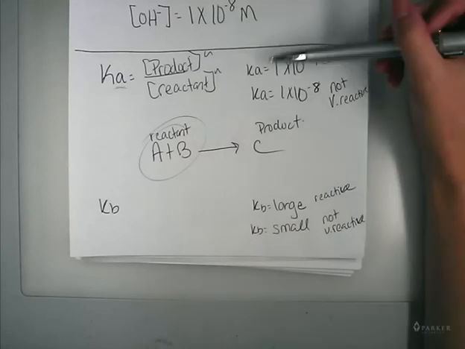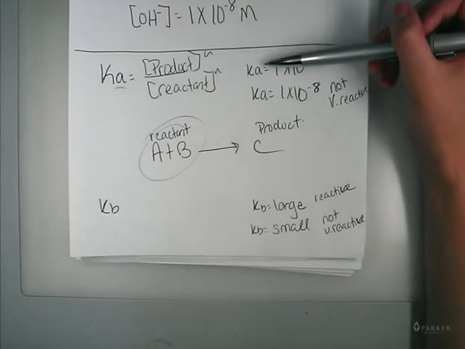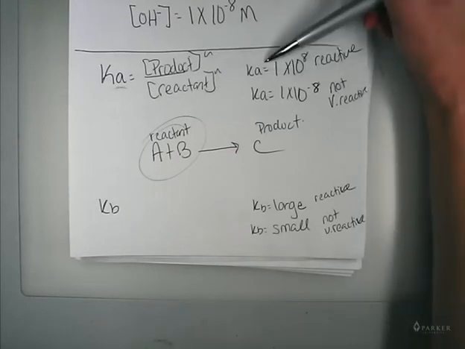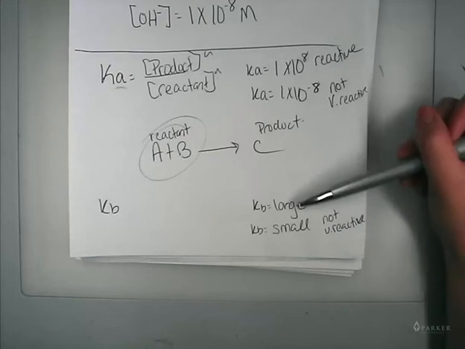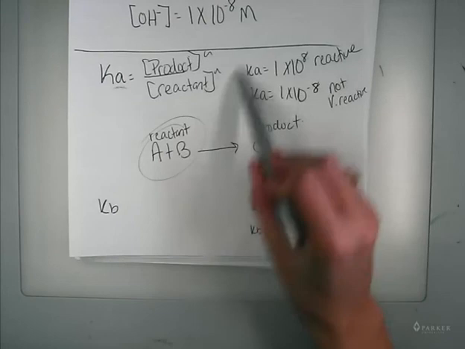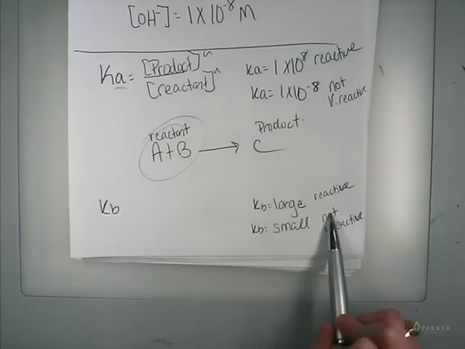So if we're looking at sulfuric acid, we said that is a very strong acid, so it should have a large Ka. If we calculated the Kb, do you think that sulfuric acid is a strong base? No, it's a very, very weak base, right? So the Ka would be large here, but the Kb would be small.